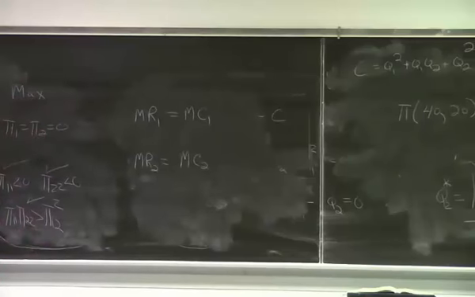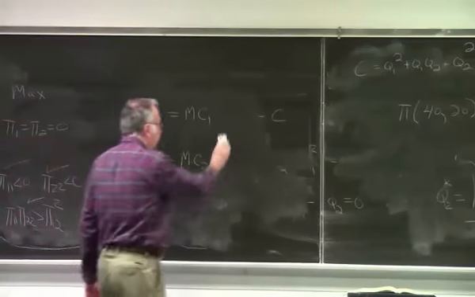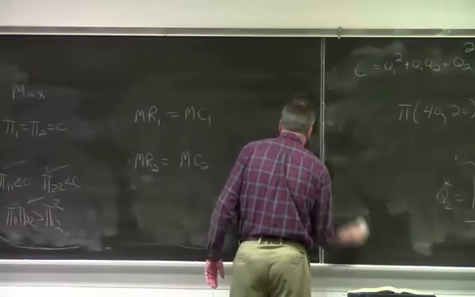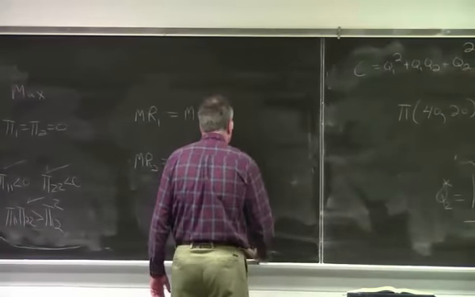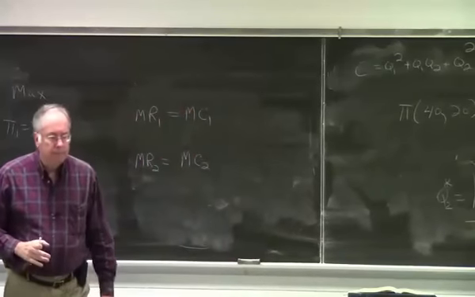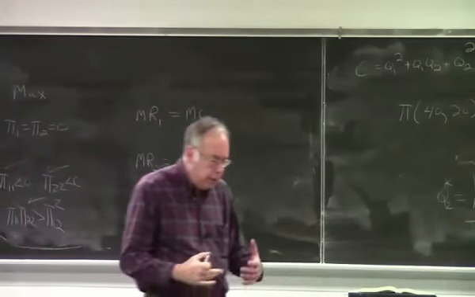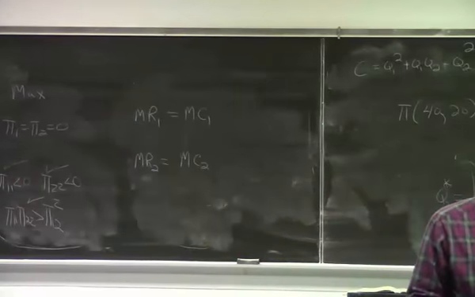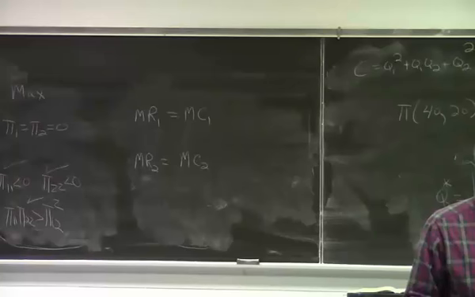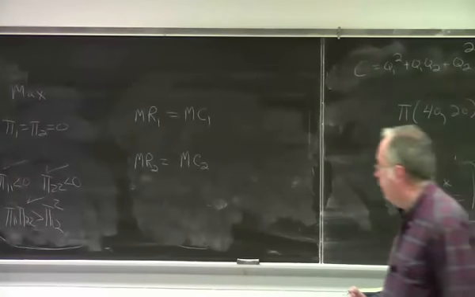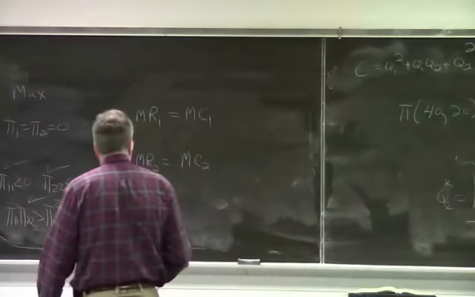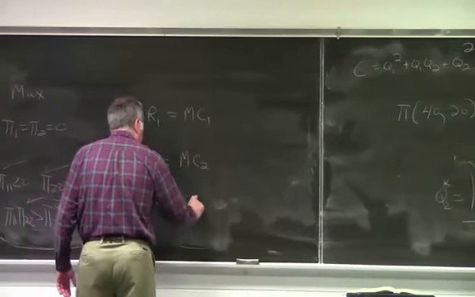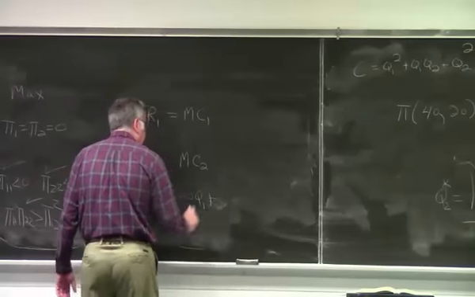Using this approach, what is the marginal revenue of producing product 1? Marginal revenue is the derivative of the revenue function with respect to Q1. Remember, our revenue function is 100 Q1 plus 80 Q2.